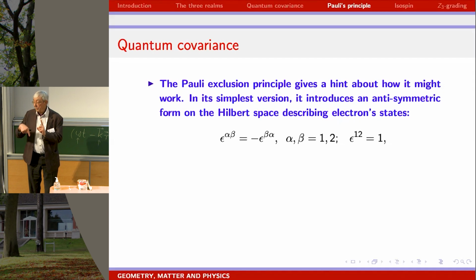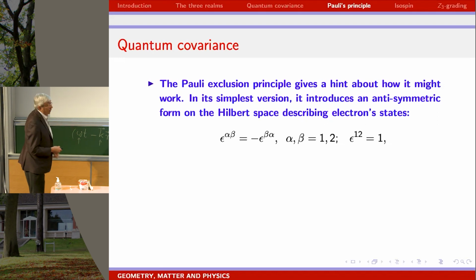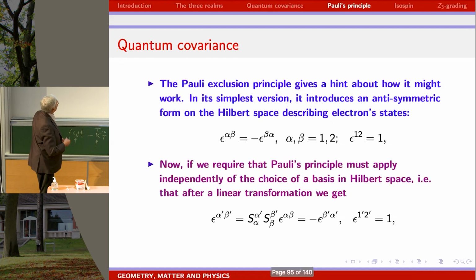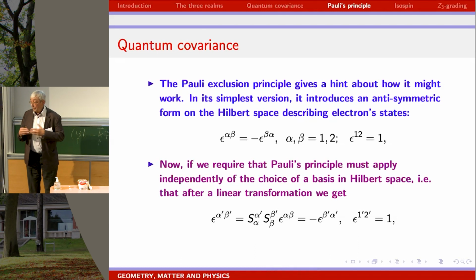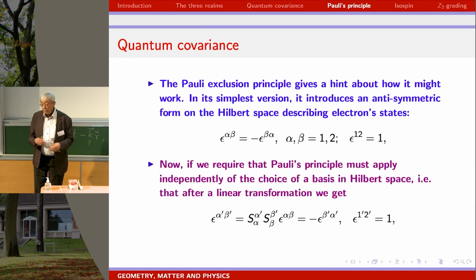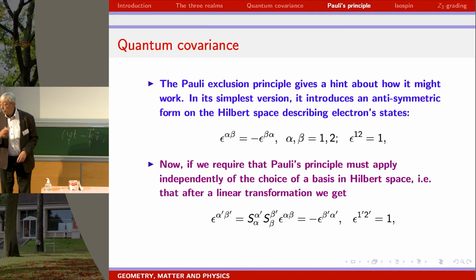Either the first one is up, the second down, or so, and these states are antisymmetric because of Pauli's principle. Now we say, okay, but there is also the superposition principle. If it is valid in some chosen basis, it should be valid in other bases of Hilbert space, the same. So any matrix transforming these two sectors of Hilbert space should act on this invariant. This form should be invariant.